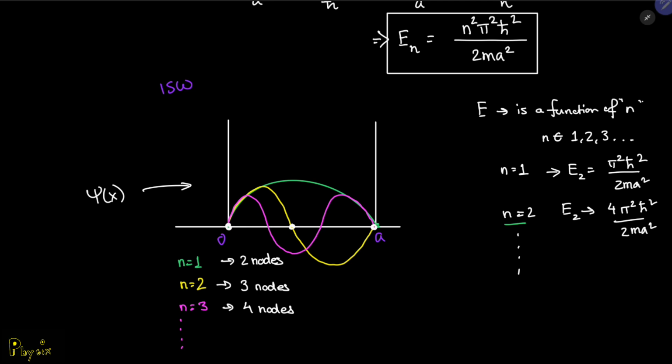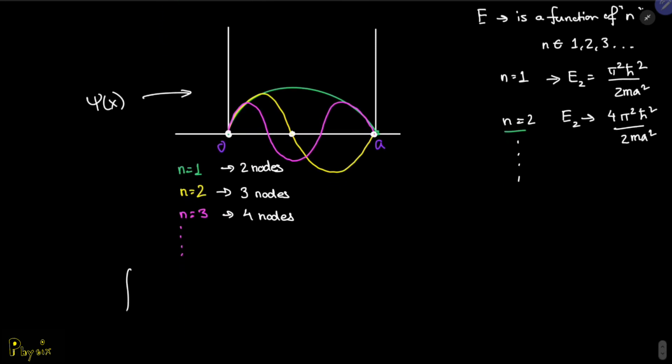Now, what we know is that when you take the integral of psi conjugate times psi dx, and you basically set limits from 0 to a, you get the probability of finding your particle in between 0 and a, right? What's interesting is that at the points where the nodes exist, your particle cannot be found in that particular spot.